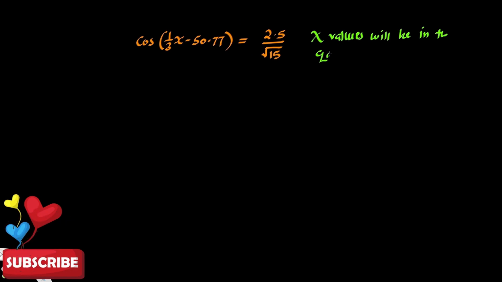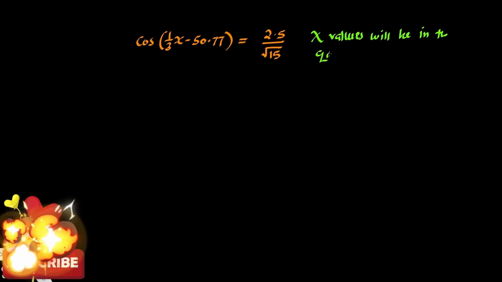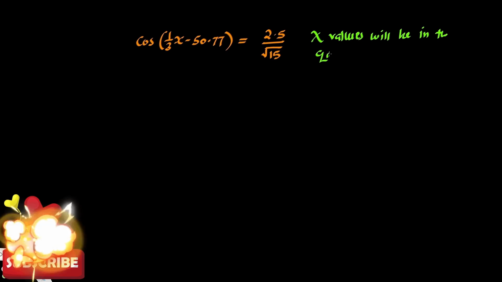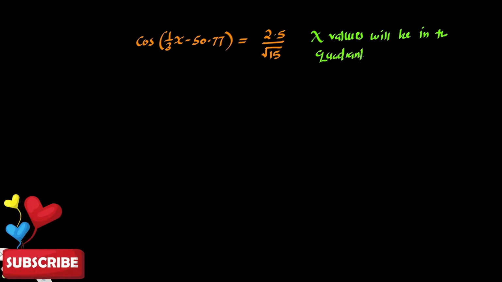Now, another solution is going to come from the fourth quadrant, and we say that if that angle is measured towards the negative direction, it will be negative 49.80. So the x values will be in the quadrants where cos is positive.